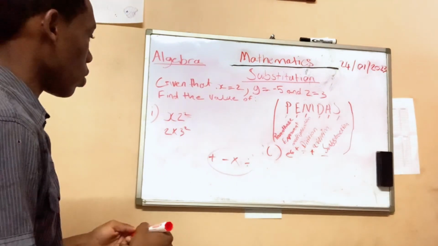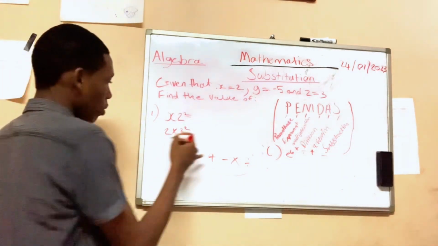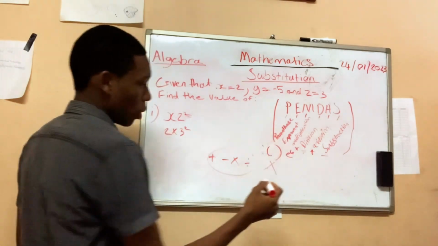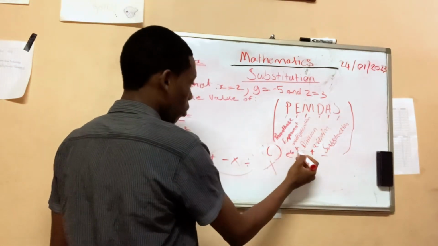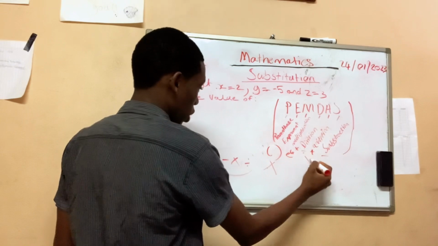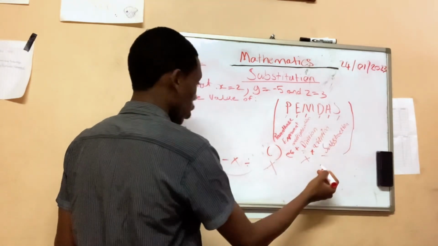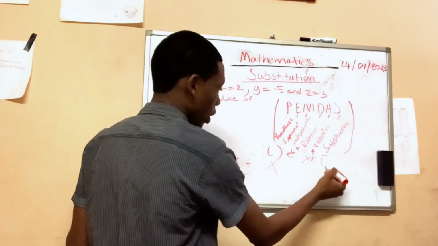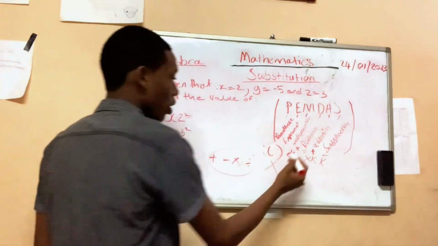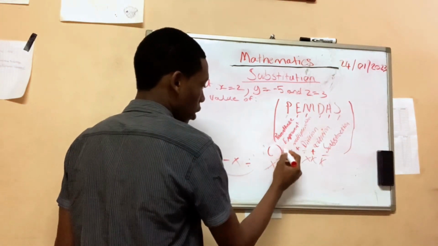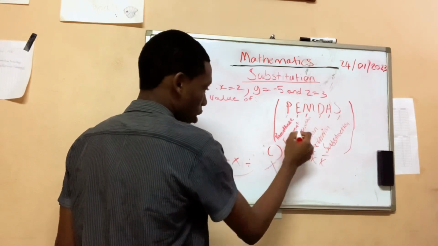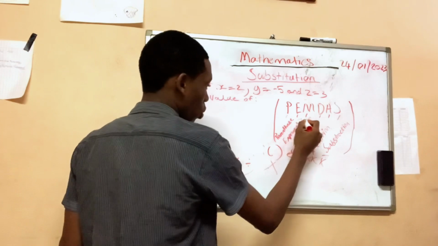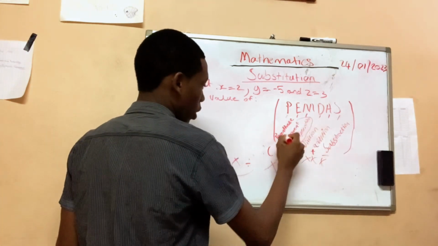So in this case, we don't have a bracket, so we skip that. We have multiplication, we don't have division, so we skip that. We have addition, no, skip that again. We have subtraction, no, skip that again. So the only things we have to work with are the exponent and the multiplication. These two are the only two we're working with right now.